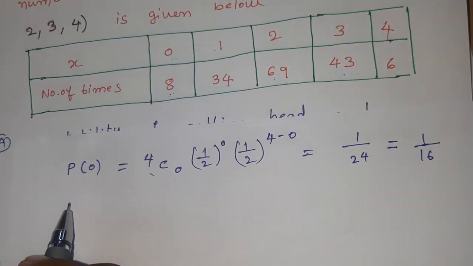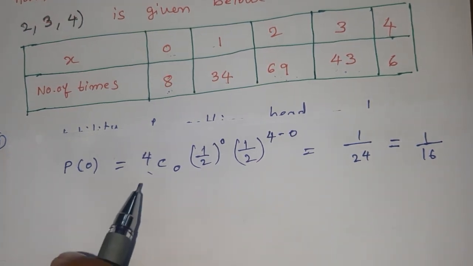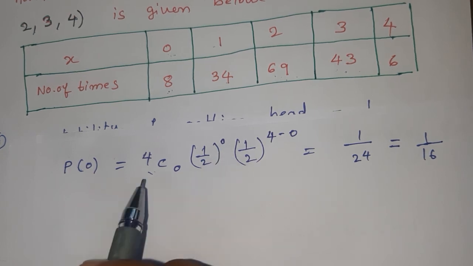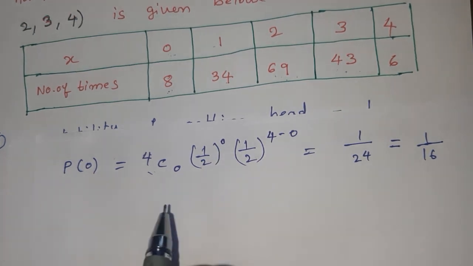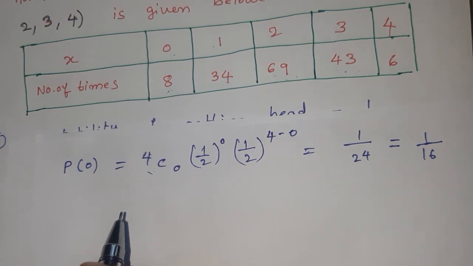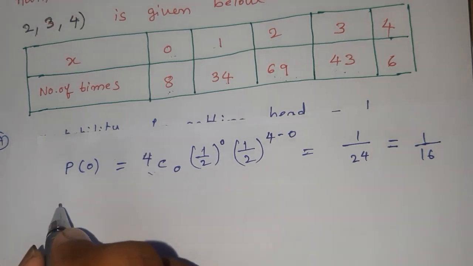Now we have to find P of 1. As usual, you can find it as 4 c 1 into 1 by 2 power of 1 into 1 by 2 power of 4 minus 1, that is cube. But we are finding it using the recurrence formula. What is the recurrence formula?